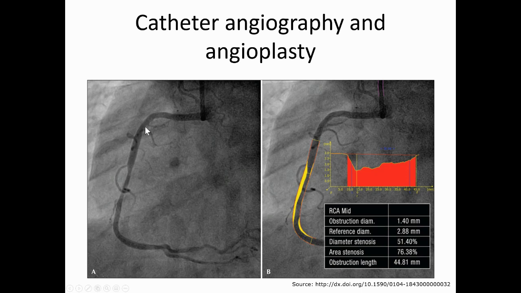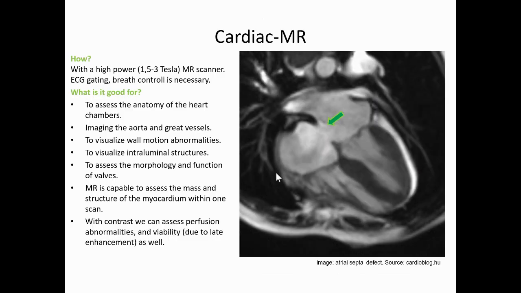You can see over here on the left that this coronary has a narrowing in the middle third, and that's actually visualized even better on the computer-generated image. And with the computer-generated image, we can actually calculate the length and the percentage of the stenosis, so we can better assess the situation and we can better plan for stenting.